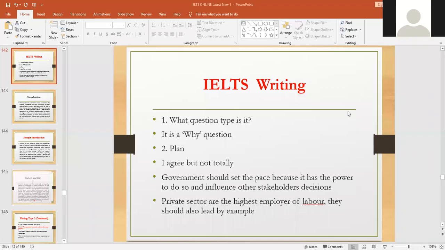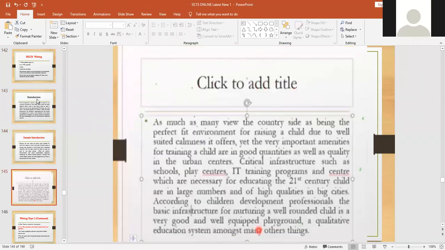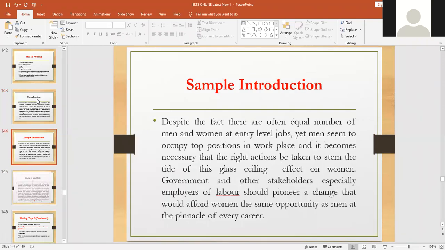Okay, so quickly I will transit to my lecture slide now, and I will take off from where I stopped the last time. I think the last part we had was this question.